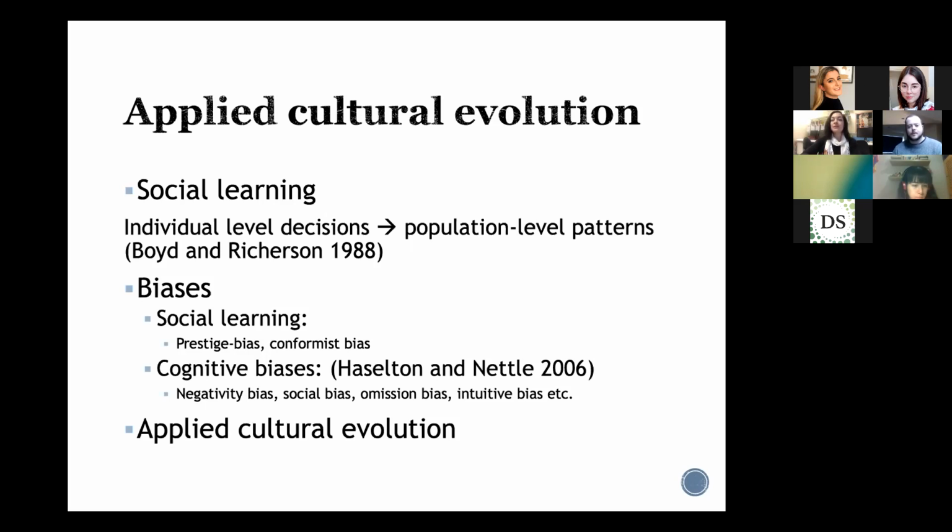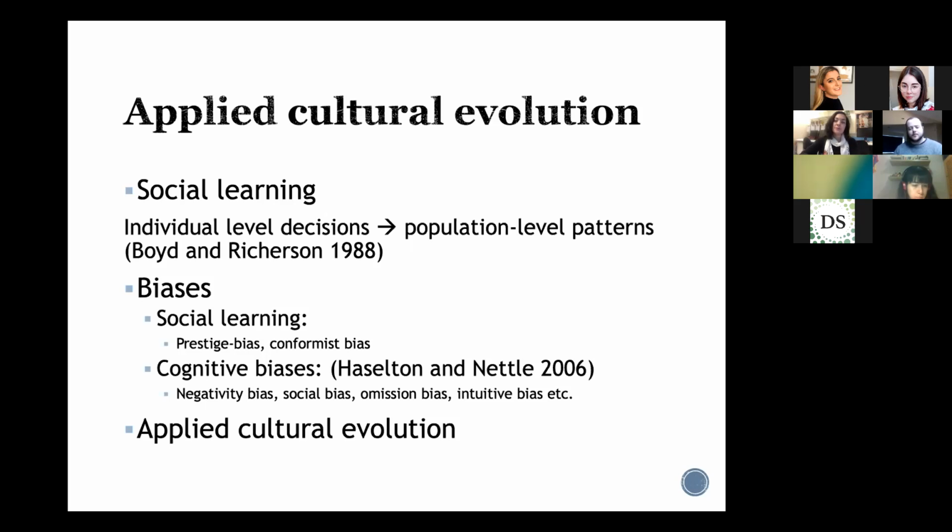And then we have also some cognitive biases that make a certain kind of information more attractive than others. For example, some studies have found that people remember and transmit information that's about social relationships more accurately than non-social information.